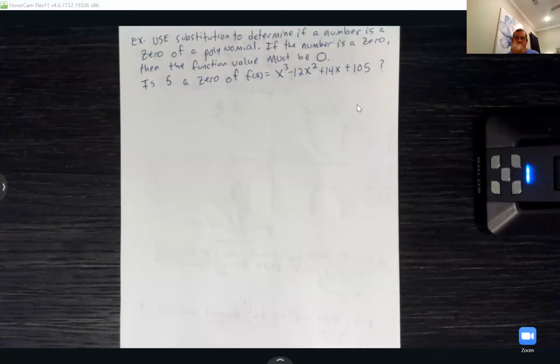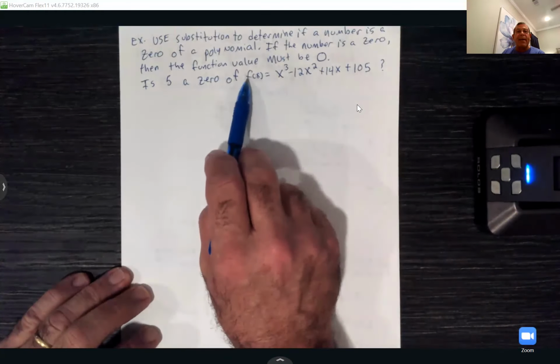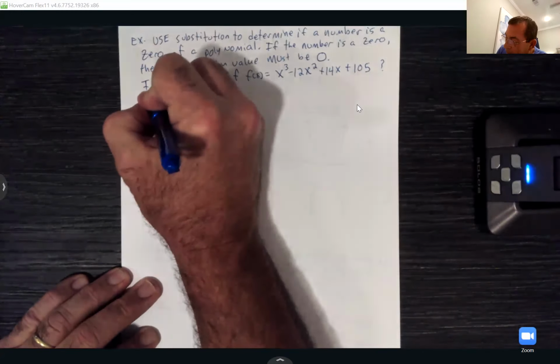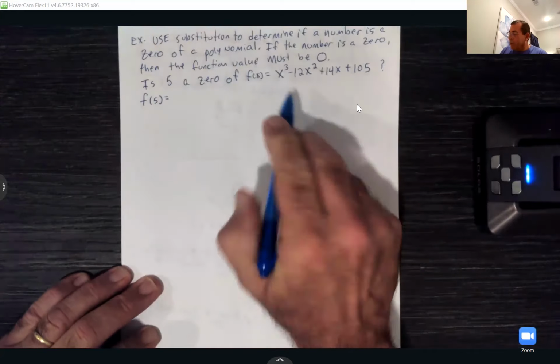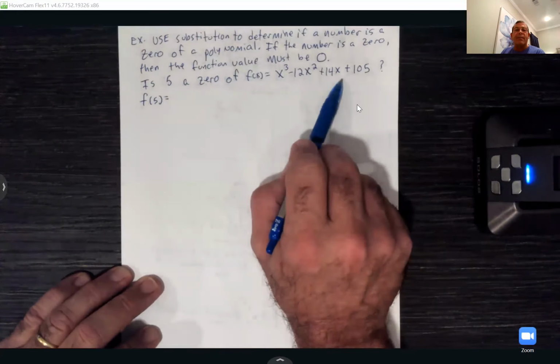And to determine that, since 5 is the number I'm checking, we're going to be finding f of 5, which means I'll take this polynomial and put a 5 in for every x there.